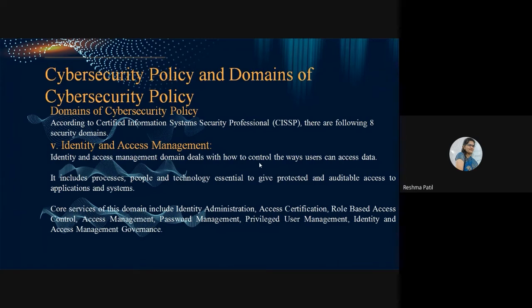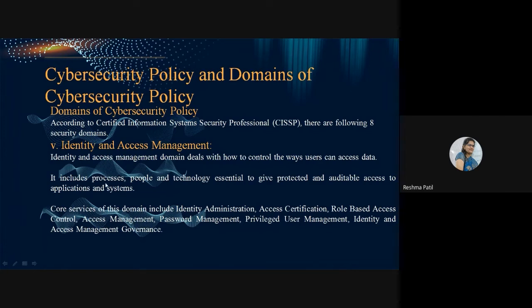Okay, access is given to all. Then which menus are available to whom? That is also a way to control how users can access the data. So that management comes under identity and access management. It includes processes, people, and technology essential to give protected and auditable access to applications and systems.